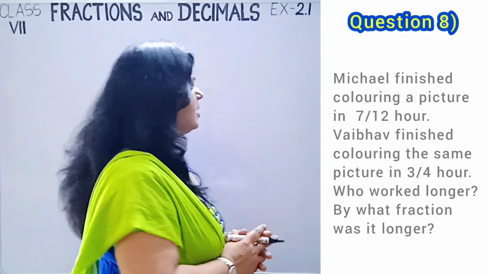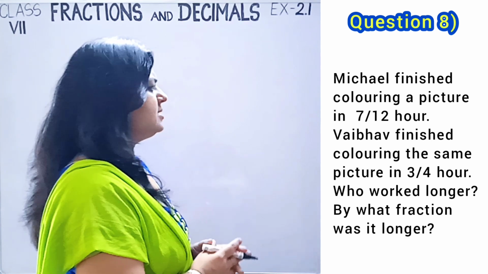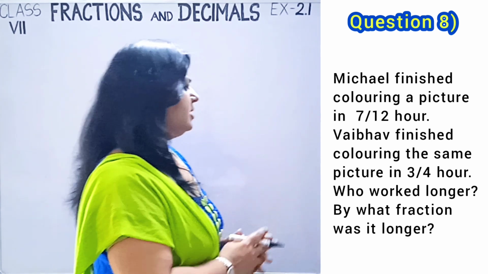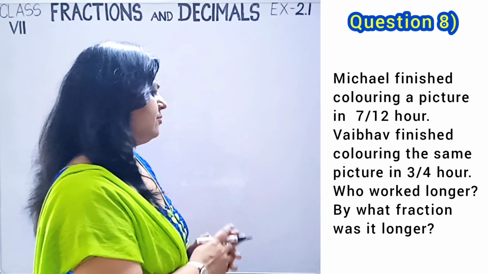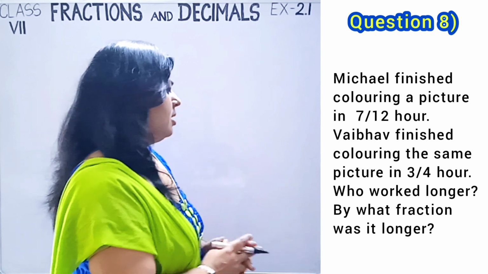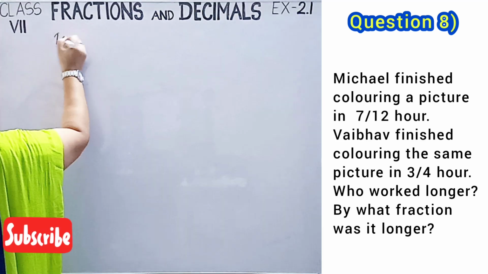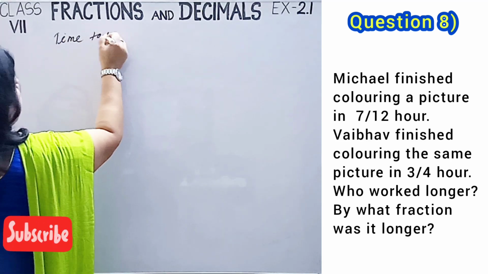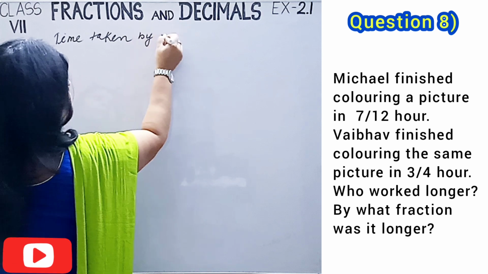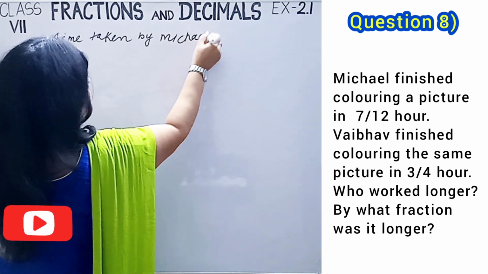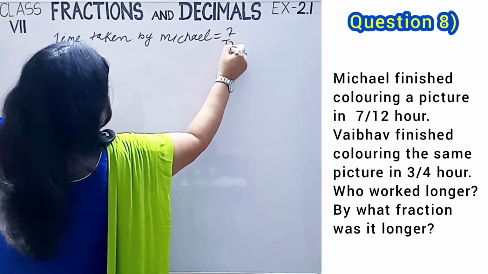Question number 8. Michael finished coloring a picture in 7 by 12 hours. Vaibhav finished coloring the same picture in 3 by 4 hours. Who worked longer? By what fraction was it longer? So time taken by Michael, 7 by 12 hours.